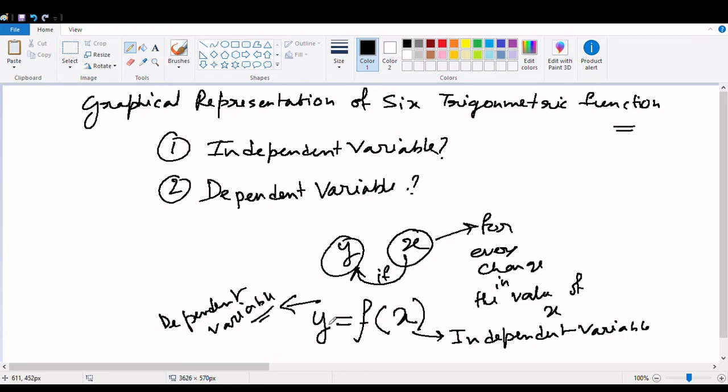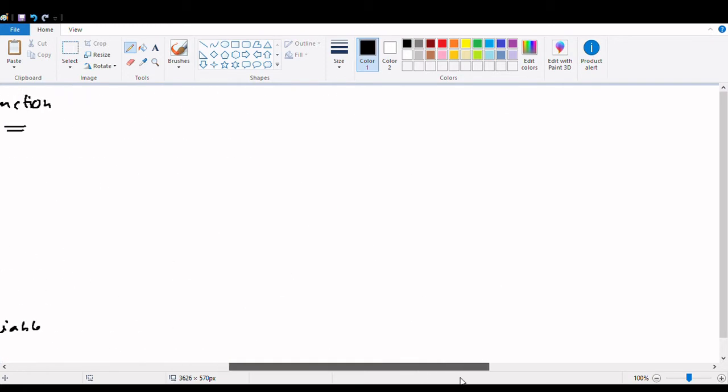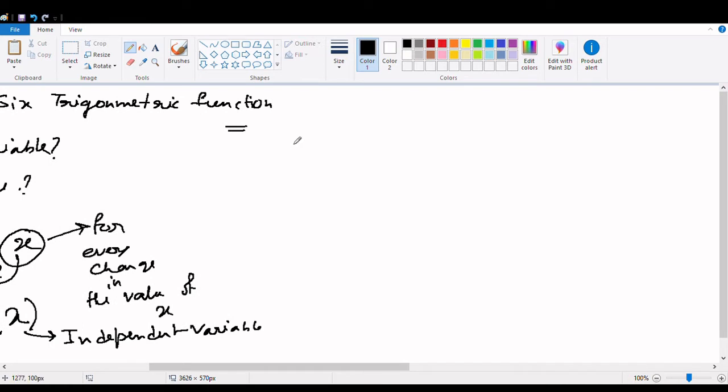Let us consider this equation. y is equal to 2x plus 3. So if x equals 0, we have y equals 3. If x equals 1, we will have y equals 5.